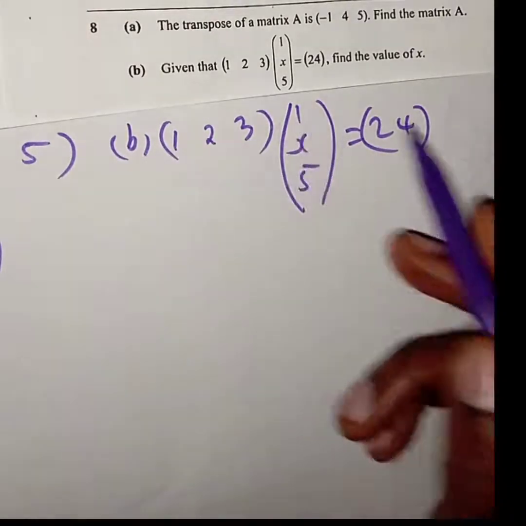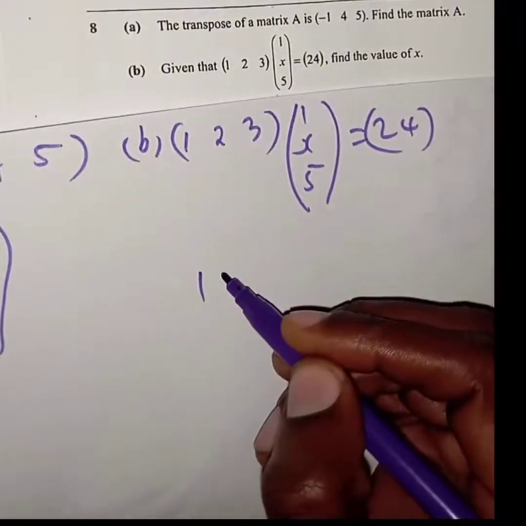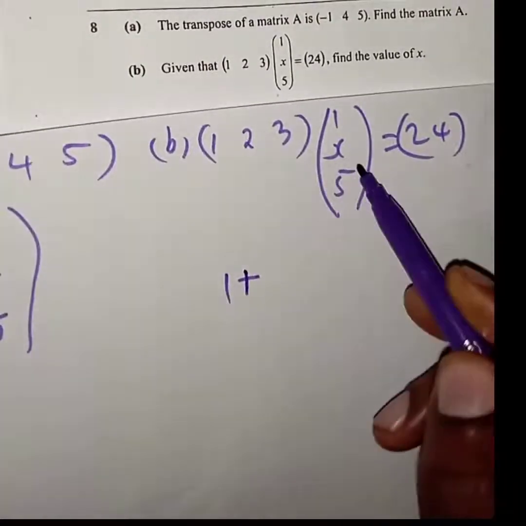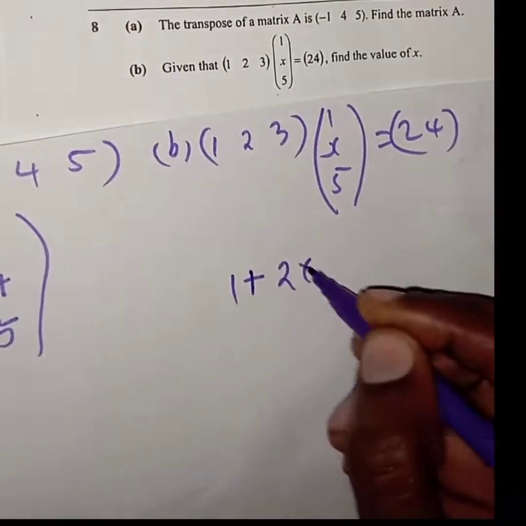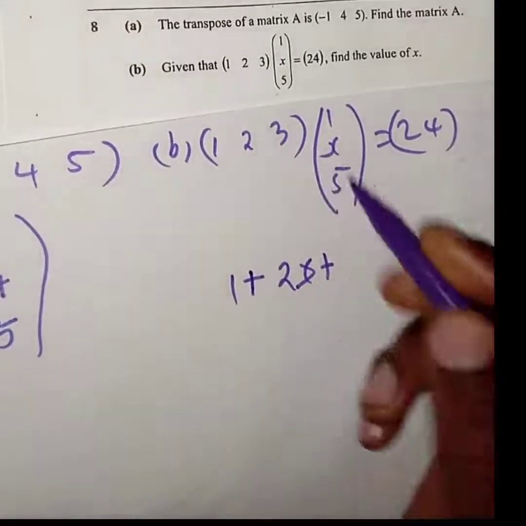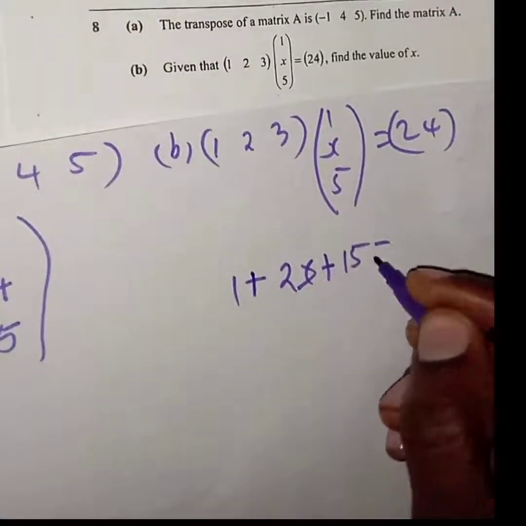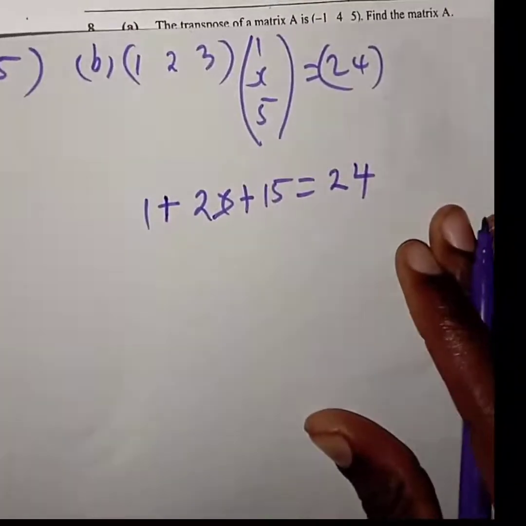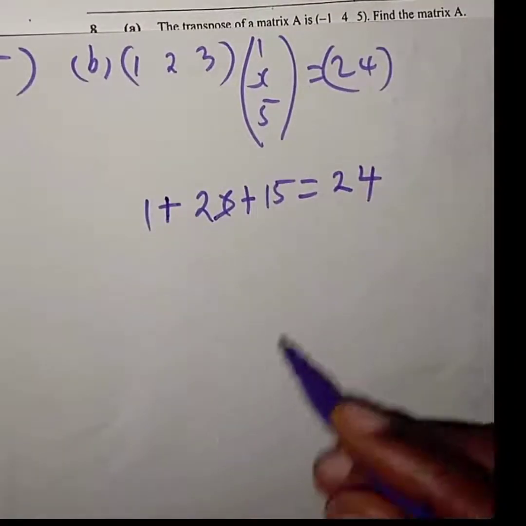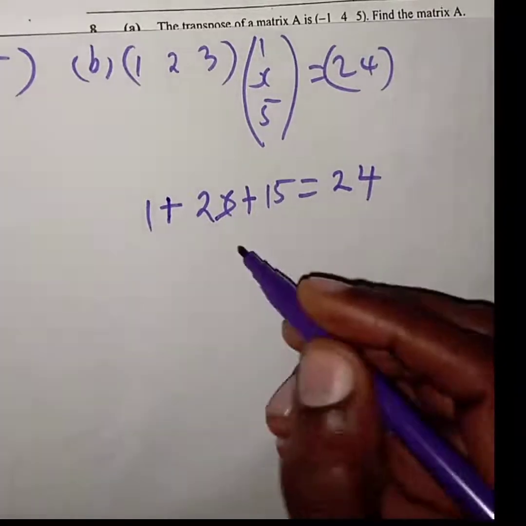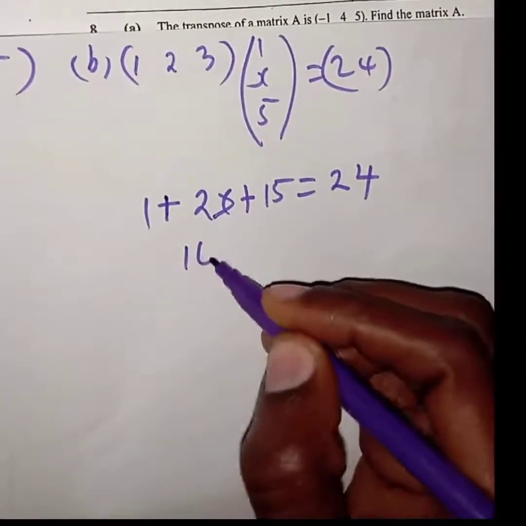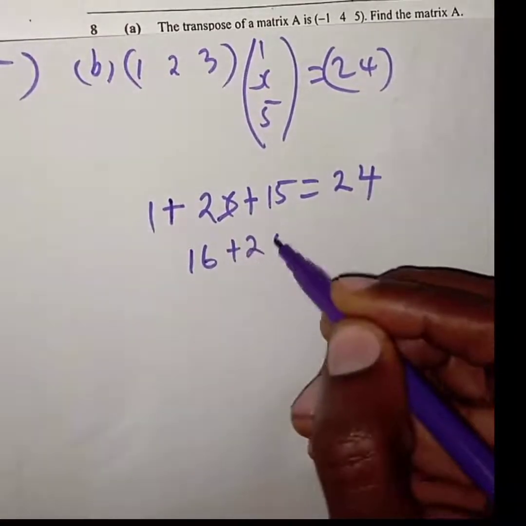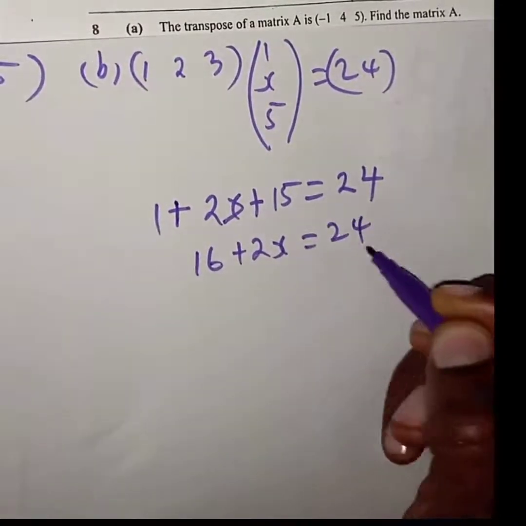So 1 times 1 is 1. We add, that's what we do in between. We add 2 times x, 2x, plus 3 times 5, 15, should be equal to 24. So this is an equation you need to solve. 1 plus 15 is 16, so 16 plus 2x is equal to 24.